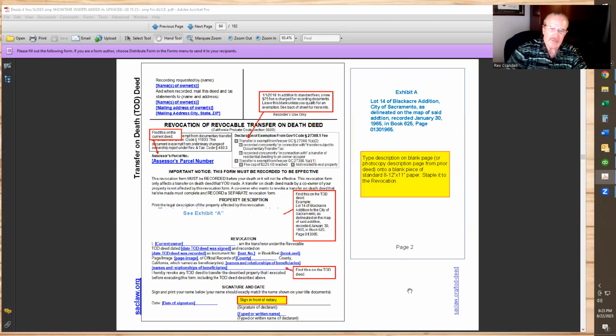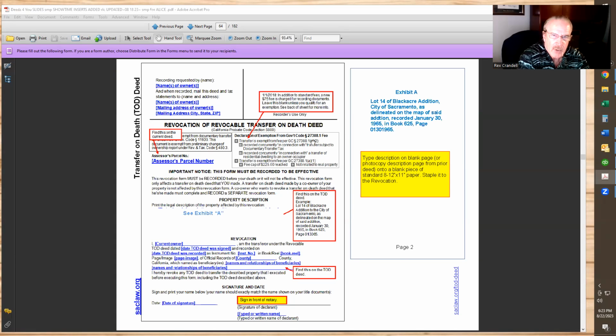Then if you want to revoke the transfer on death deed, there's a separate form. And I don't see how people with moderate means benefit, though the legislature thinks this is going to benefit them, with all the complexity that they put in the statute.